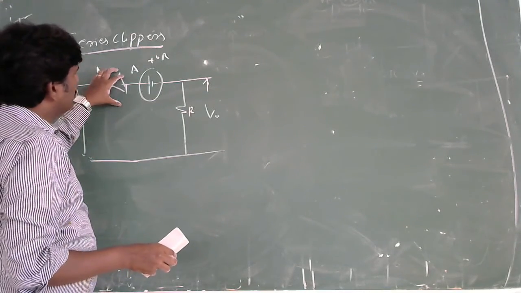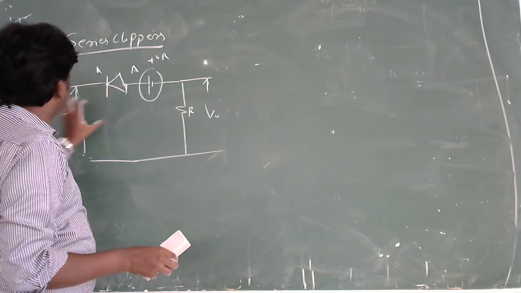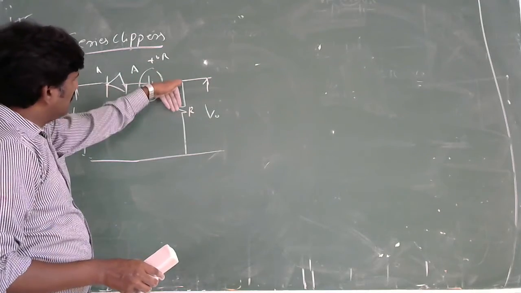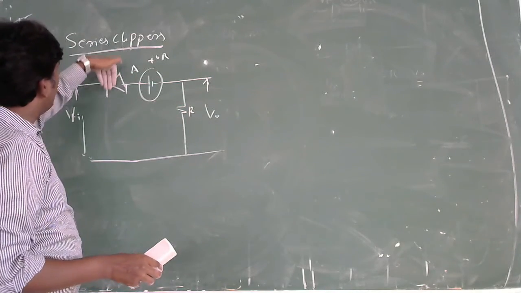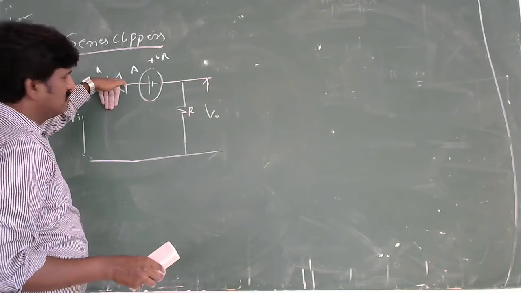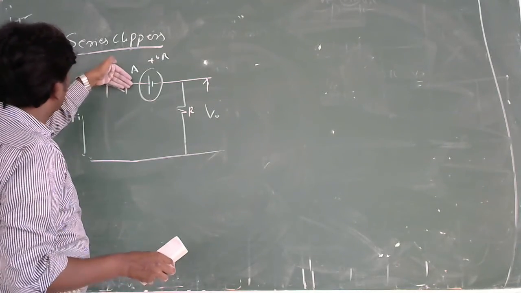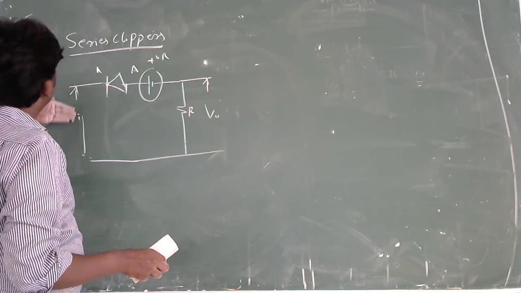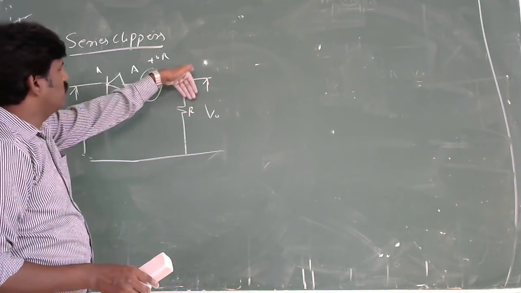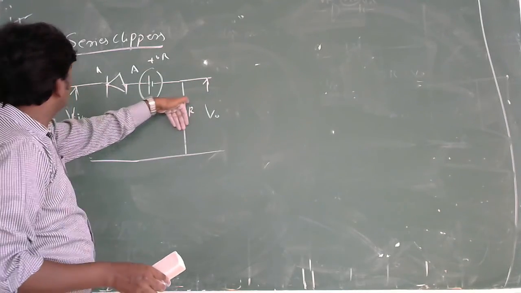When the diode conducts, what is the output? Output follows the input, because the current passes through the diode as well as the resistor. An ideal diode does not have any forward resistance, so it acts like a short circuit. Then Vi produces some current, which passes through the diode and the resistor, dropping a voltage across the resistor that is equivalent to Vi itself.